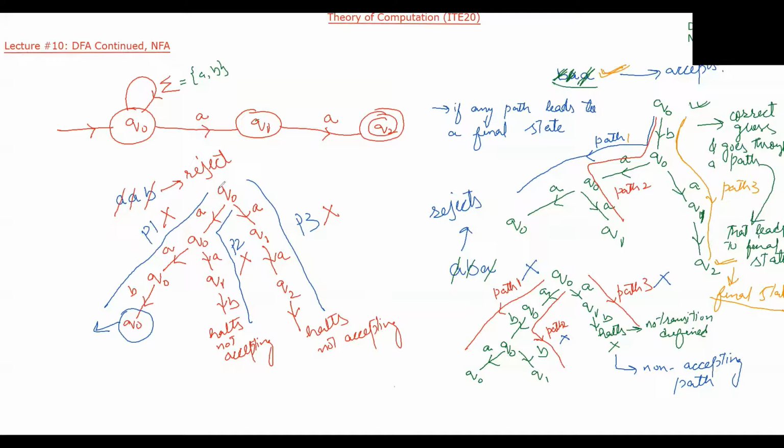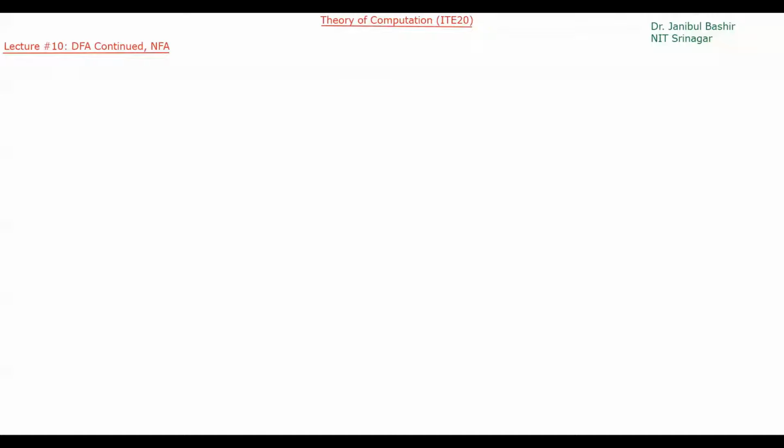So let me wrap this portion here and let's summarize the things that we have discussed about the non-deterministic finite automata. So let me summarize what we have discussed about the NFAs. So what is an NFA?